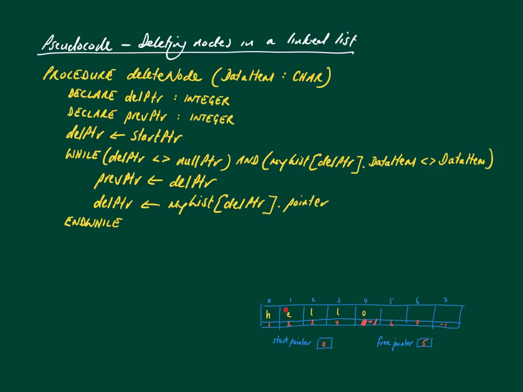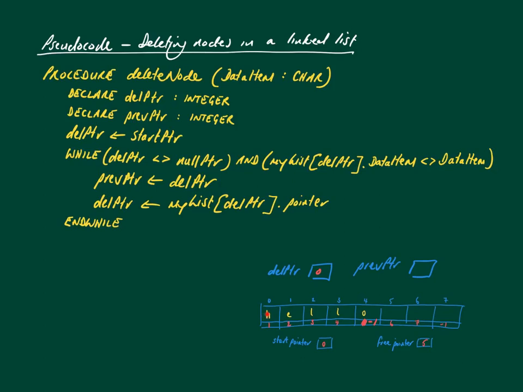If we were searching for, for example, E as the data item, we set the del pointer to be 0, which is the start pointer, as you can see, and then we say that while del pointer is not null, it's not null, and the data item of del pointer, which is this node here, is that not what we're searching for?